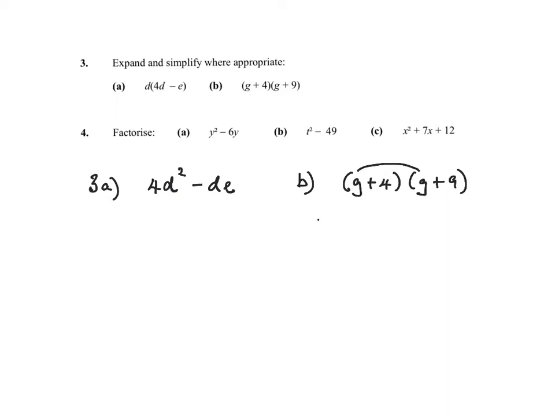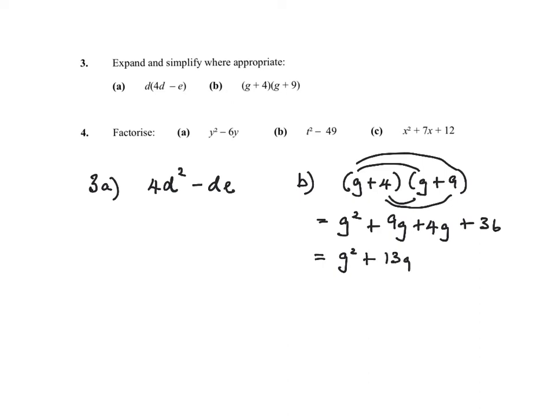So that's g squared plus 9g plus 4g plus 36, and that gives g squared plus 13g plus 36.